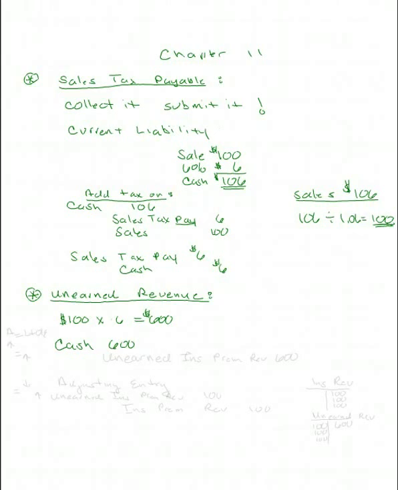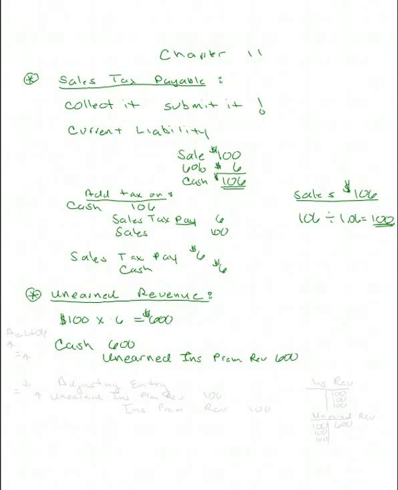And on the day you receive this check, you have not earned any of the check. 100% of the balance would go into unearned insurance premium revenue for $600.